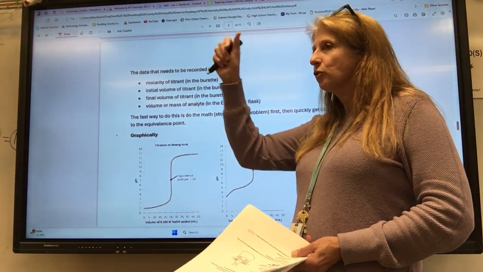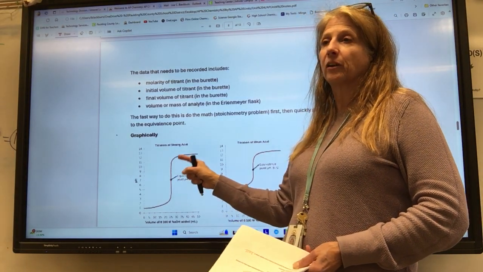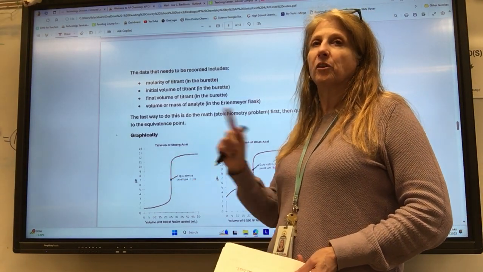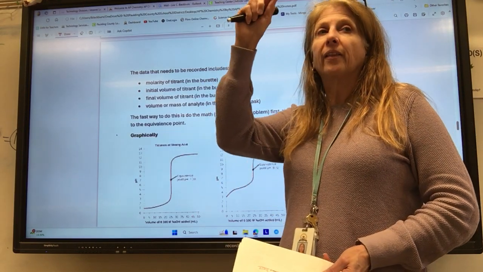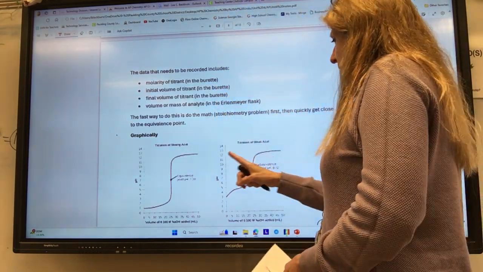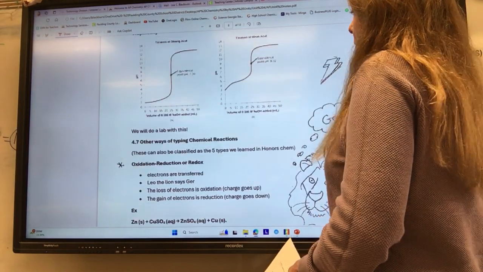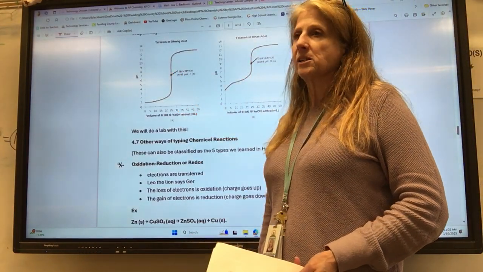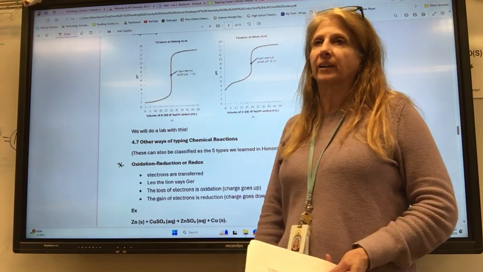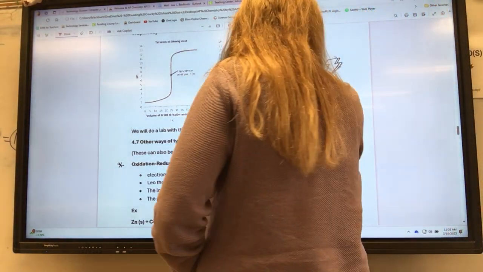Otherwise, you sit here going drop, drop, drop for hours trying to find the equivalence point. So we do the math to get there quickly, stop before it, and then go drop, drop, drop. Then you graph them, and the equivalence point is the middle of this vertical line. That's what you're looking for graphically. We'll do it and it'll make more sense. We'll do a lab with this.